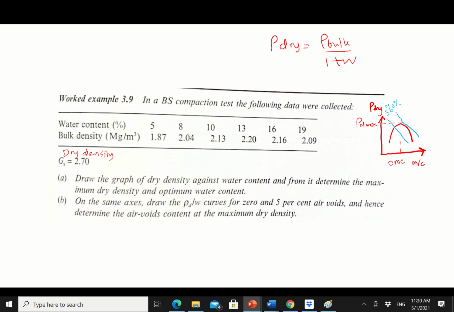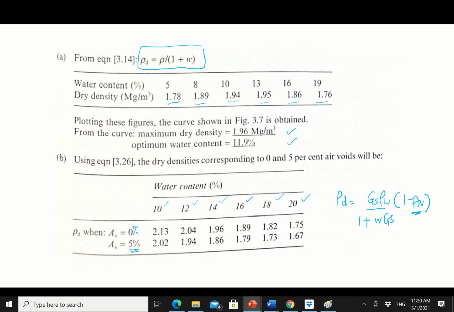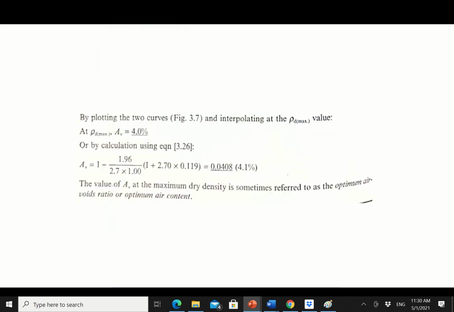We already drew that, and hence determine the air void content at the maximum dry density. So at maximum dry density, the question asks what the air void content will be. For this particular question, what you need to do is use the equation.